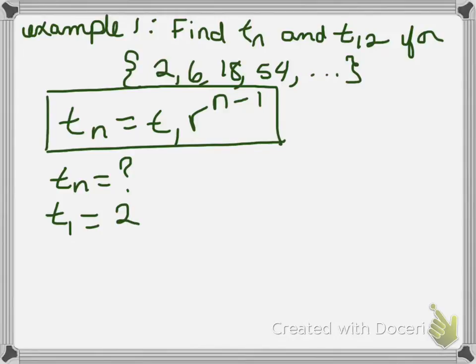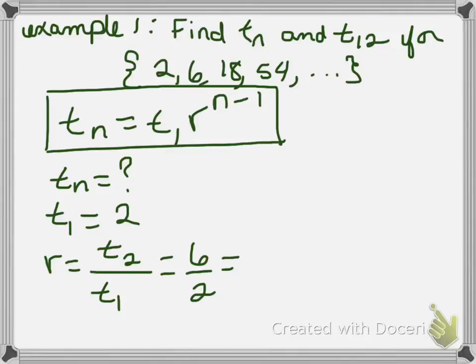And I know that I have enough successive terms that I can find my common ratio. My common ratio equals my t2 divided by my t1, or you can think of it as your tn divided by your tn minus 1, equals 6 divided by 2, which equals 3.